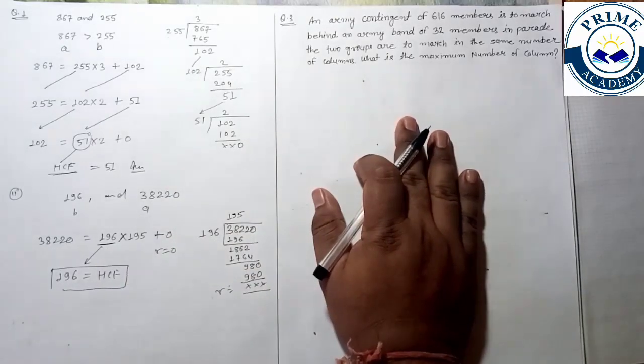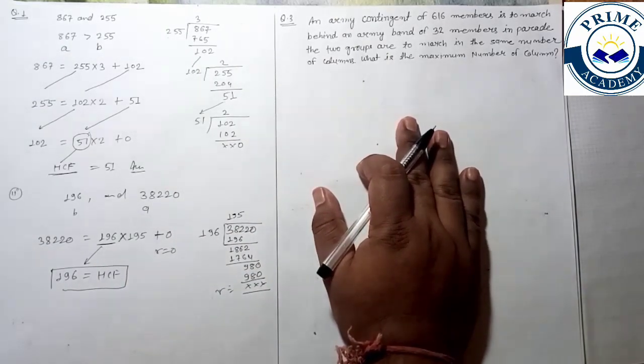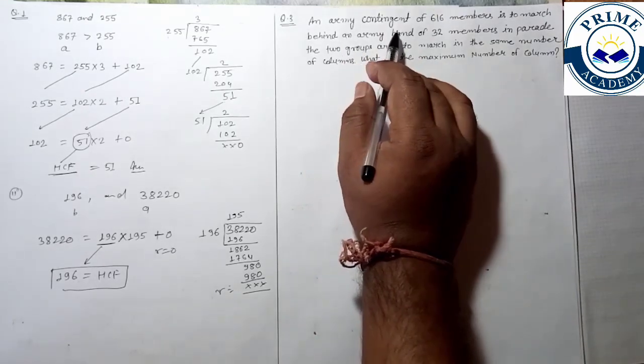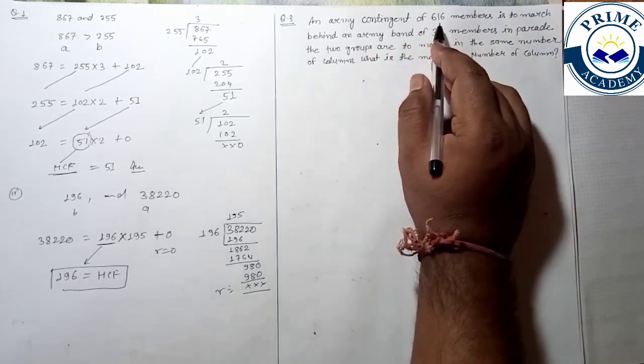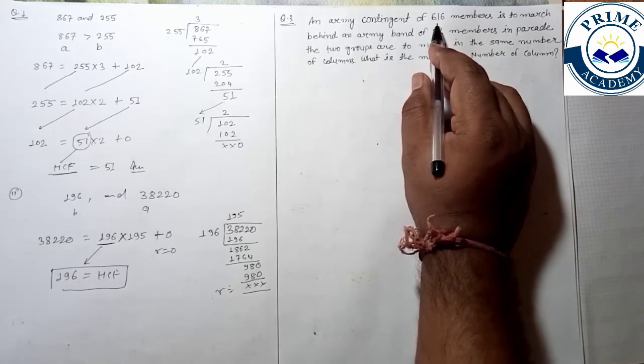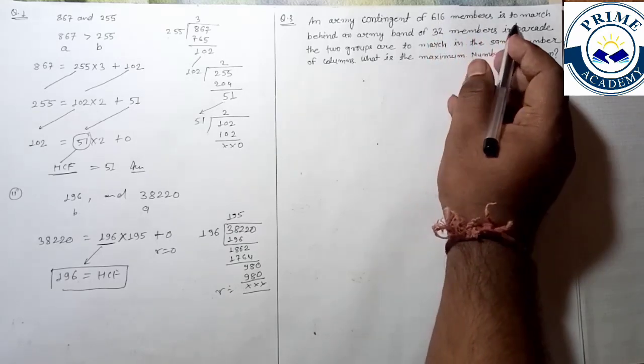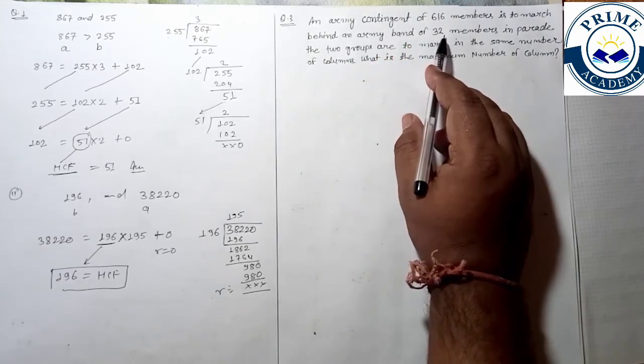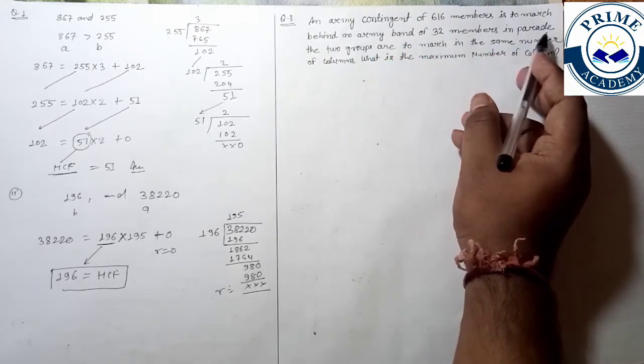Take another problem. This is question number 3 of exercise number 1.1. So what is given here? An army contingent of 616 members is to march behind an army band of 32 members in a parade.